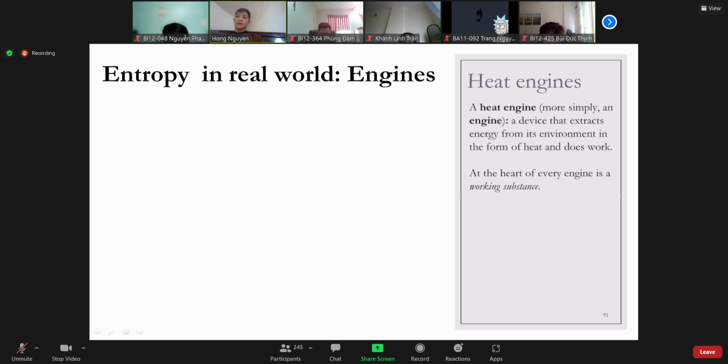So at the heart of every engine, we have what we call a working substance. For example, in your motorbike, the working substance is a mixture of gasoline and air.